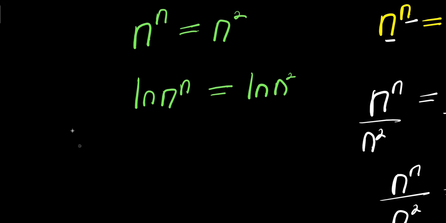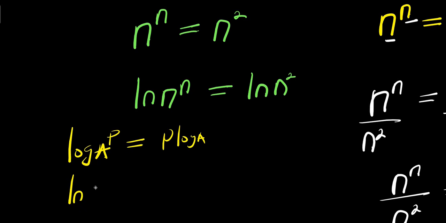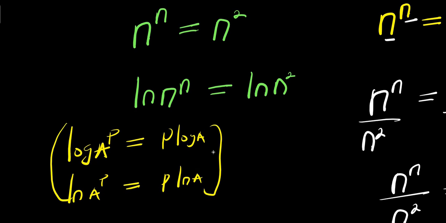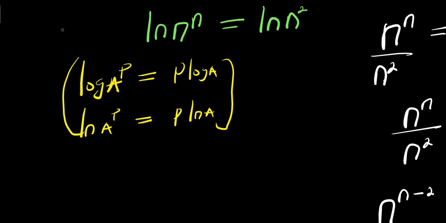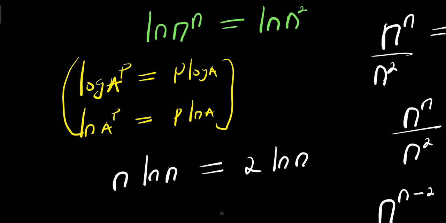Remember, log a power p equals p times log a. So natural log a power p equals p times natural log a. So that means I'm going to have n times natural log n equals 2 times natural log n.